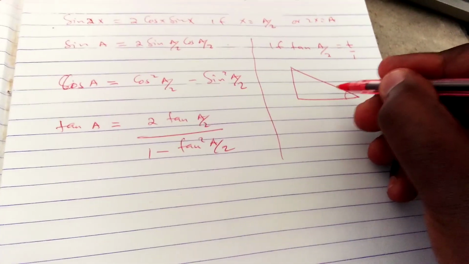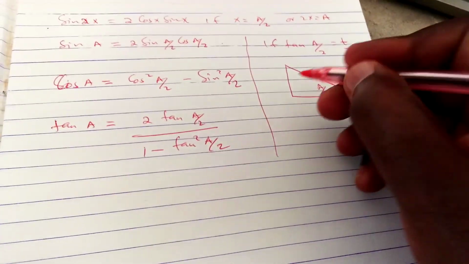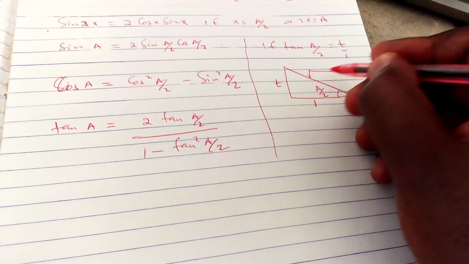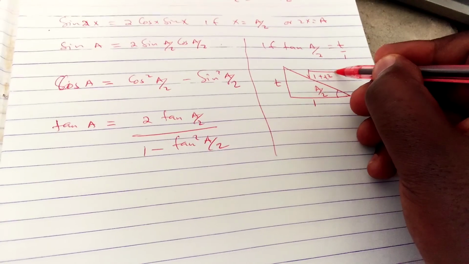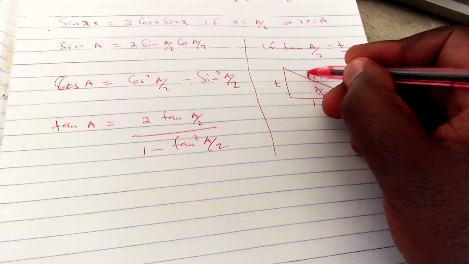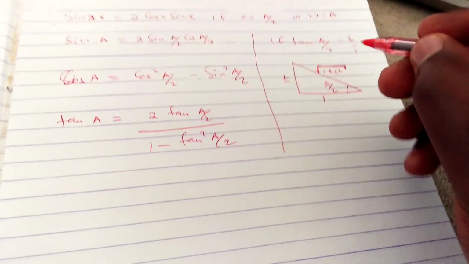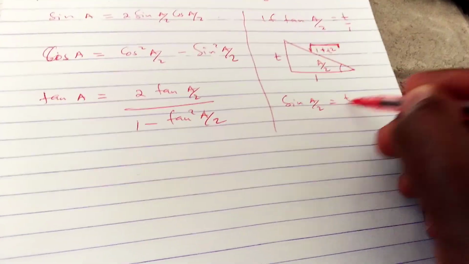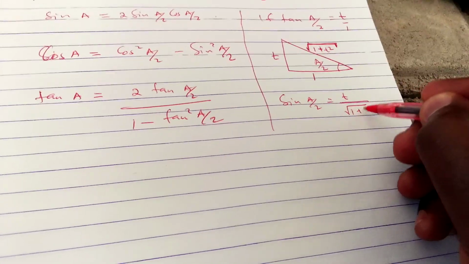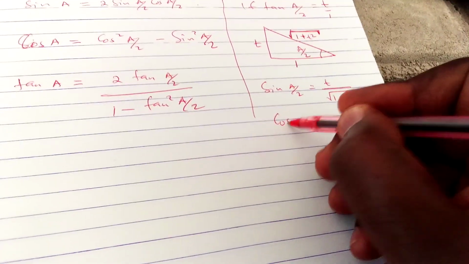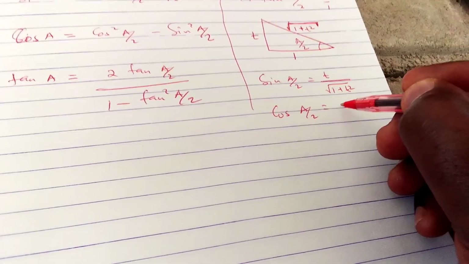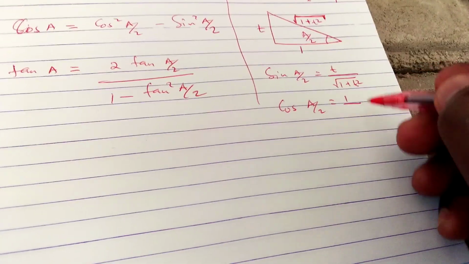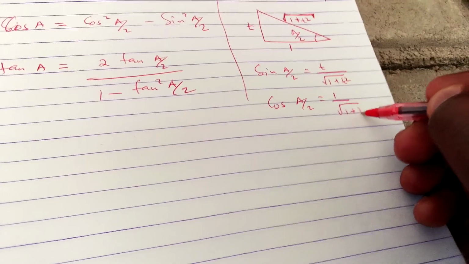If that angle a over 2 is there, the opposite is t, the adjacent is 1, the hypotenuse is the square root of 1 plus t squared. You can consult Pythagoras for that. That means the sine of a over 2 is t over the square root of 1 plus t squared, and the cos of a over 2 is 1, adjacent, over the square root of 1 plus t squared.